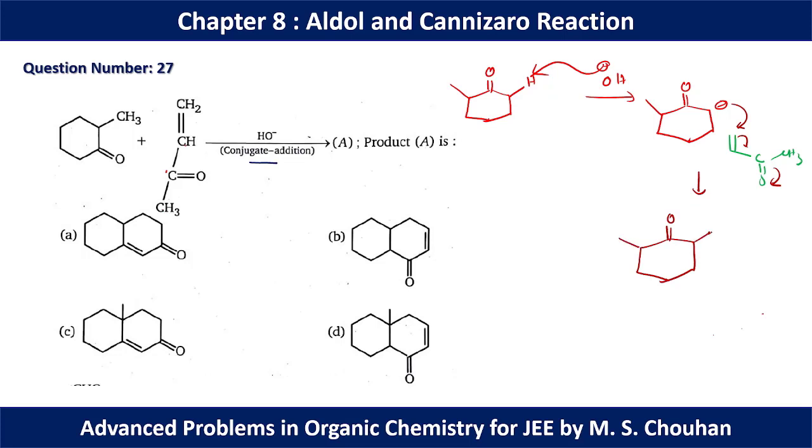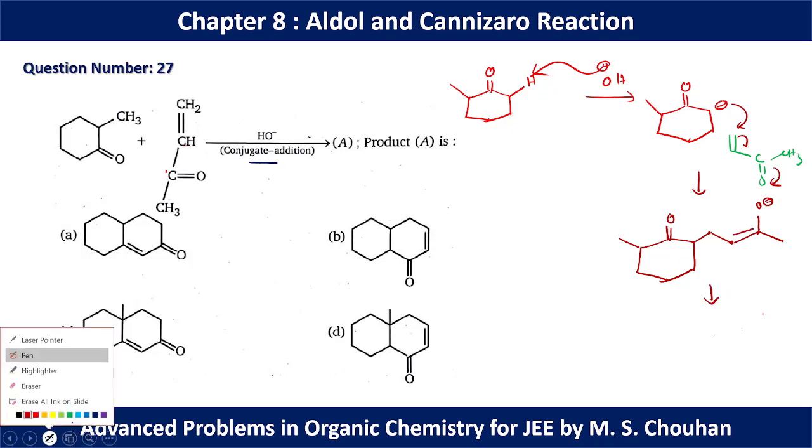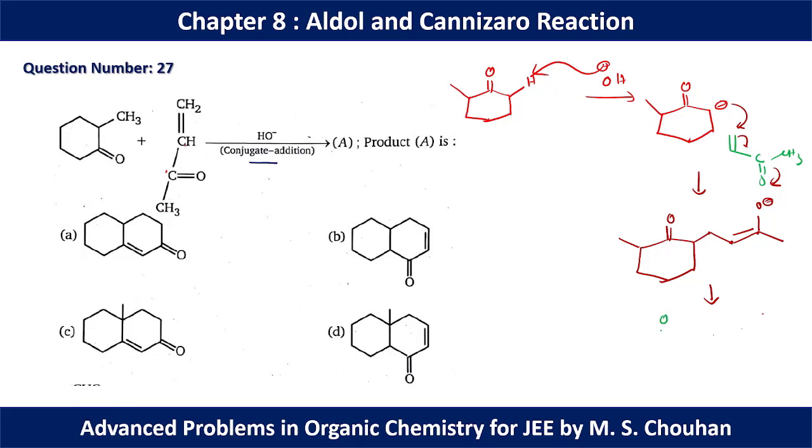We have 1, 2, 3, 4, 4 carbons, and in this position we have O minus double bond C. Now after the tautomerism, we can have a situation like this: C double bond O minus.